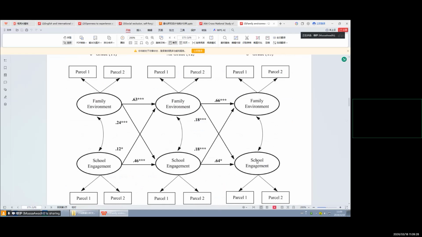Anyone try to see that? Try to find the difference between this study and all previous ones.